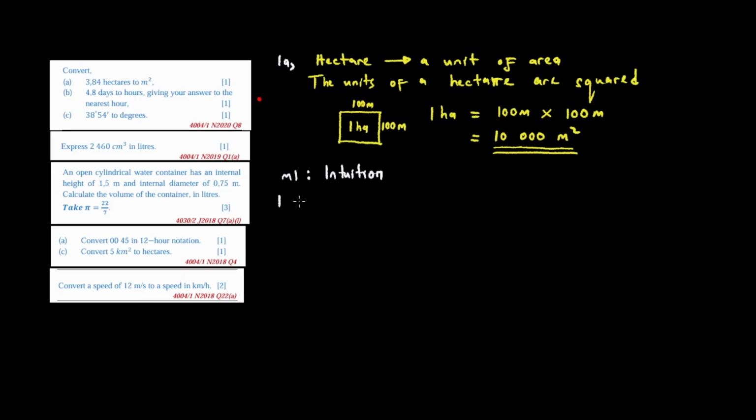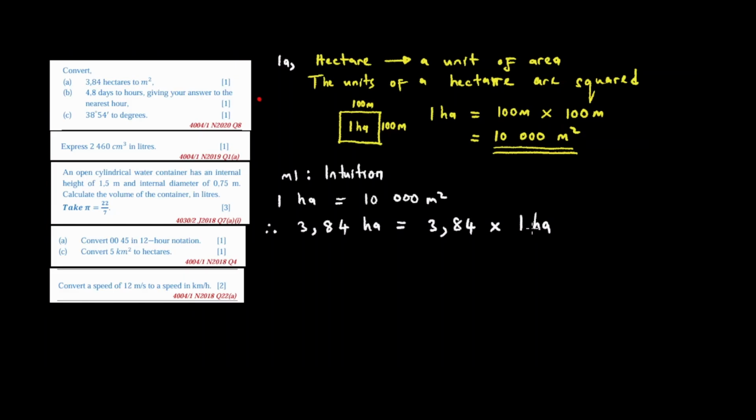Inotudza kuti if 1 hectare is equal to 10,000 meters squared, therefore 3,84 hectares, and saka HA ndo shorthand ya hectare. Panapa vakanyora in full but tinogona kuti HA. Saka 3,84 hectares inenge yakafanana nekuti 3,84 times 1 hectare. You can think of it like this.